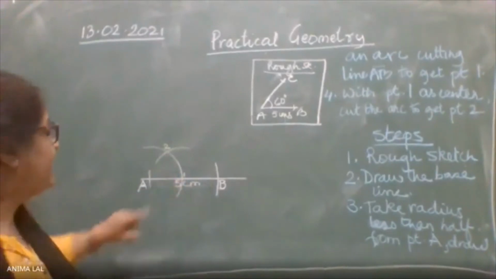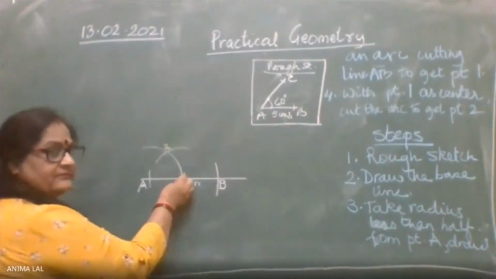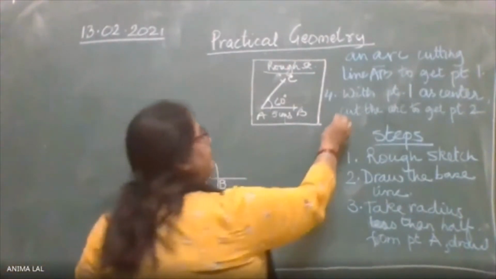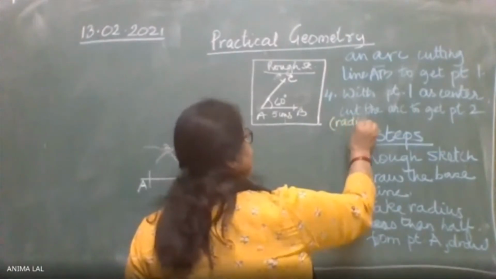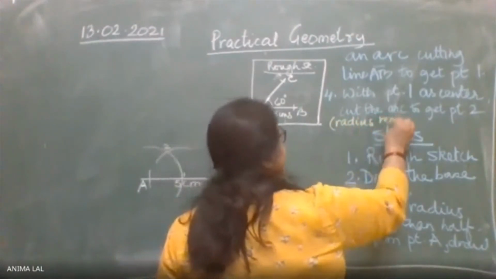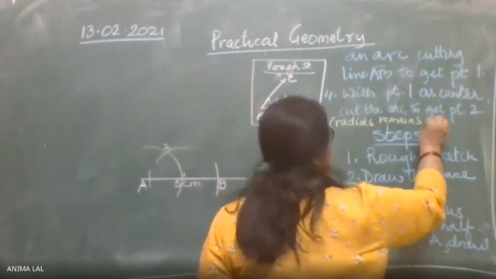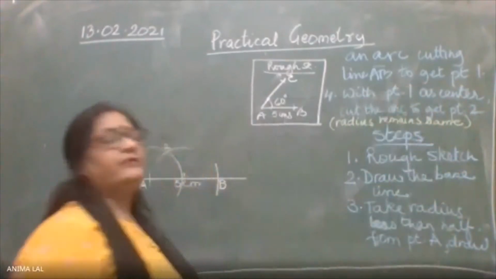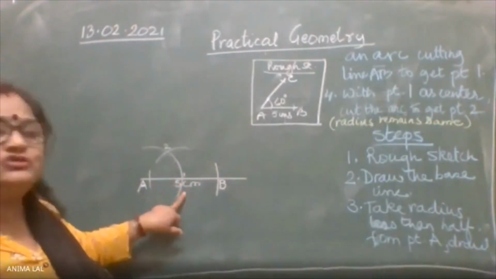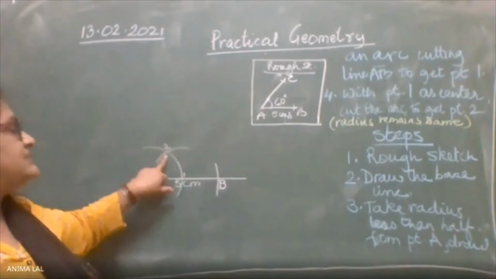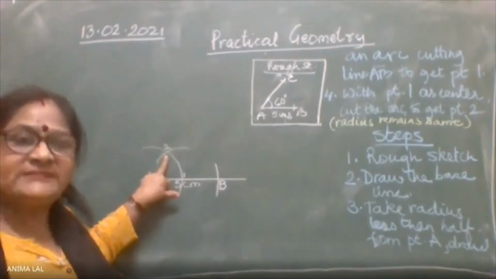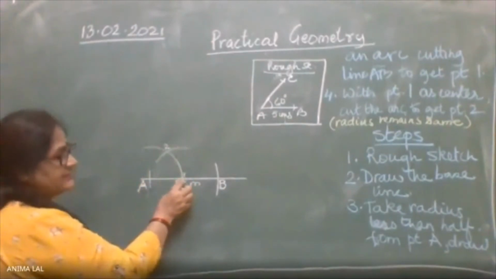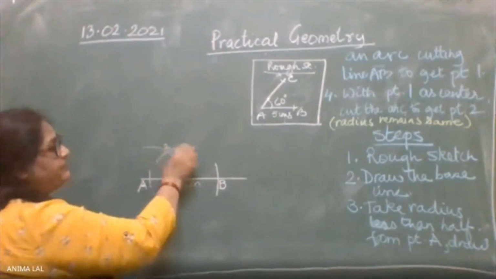Then with 1 as center, the radius remains the same. Remember, the radius remains the same, which means you will not change it. The radius you took to draw the big arc and the radius to get point 2 should be of the same measurement. With the same radius, point 1 as center, cut the big arc to get point 2.